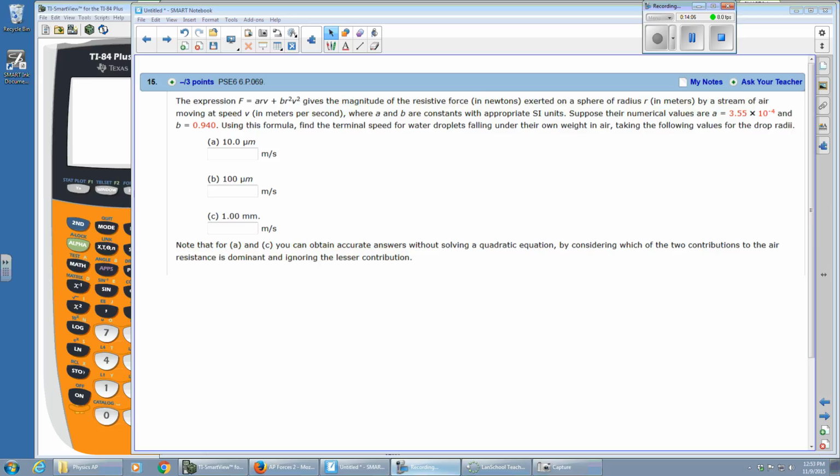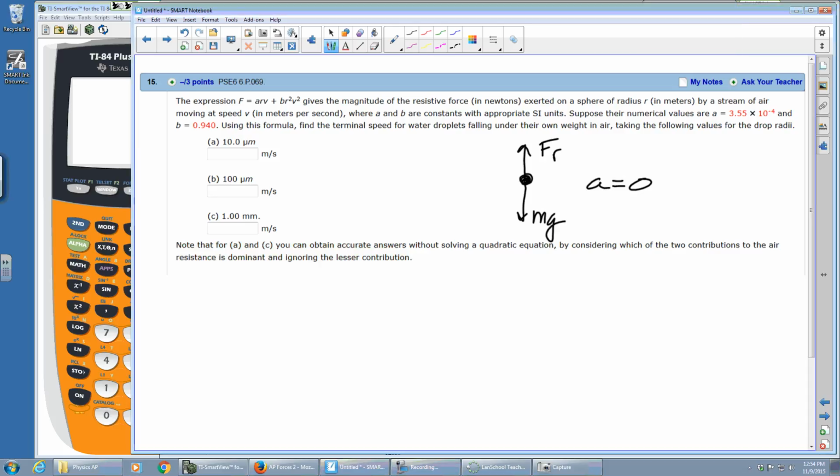Nice. Let me give you a note though. Force diagram right away, right? Weight down, force resistive up, acceleration equals 0, right? So we're looking for when that equals the weight.